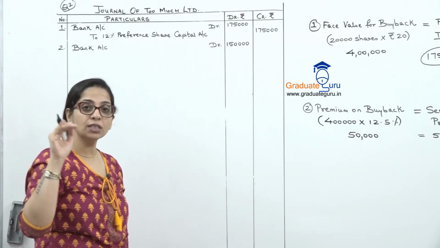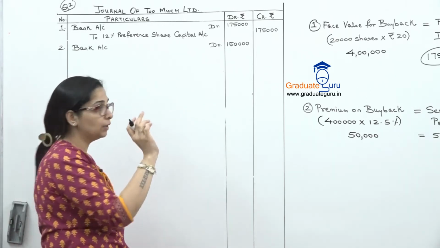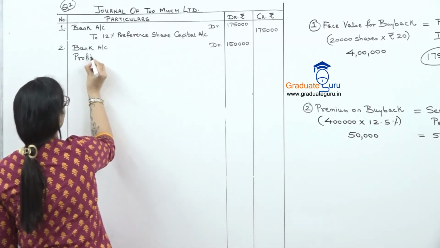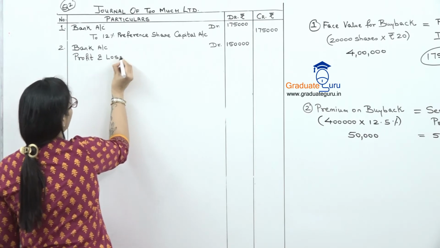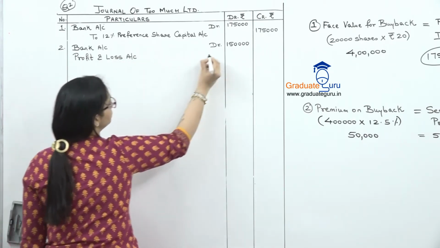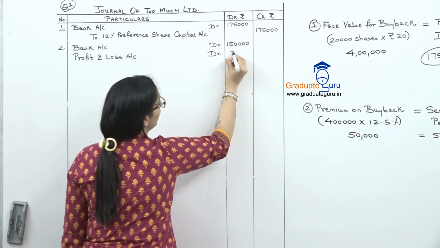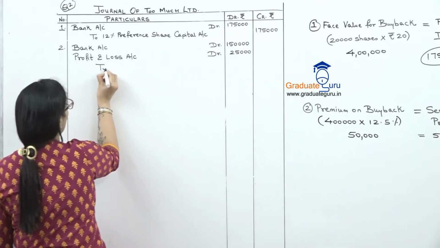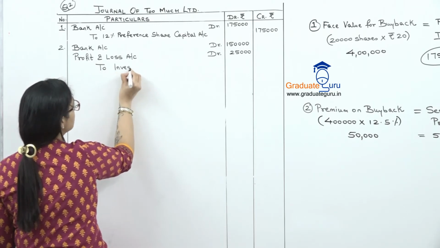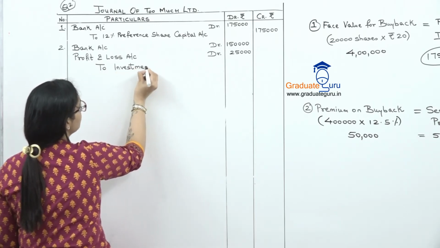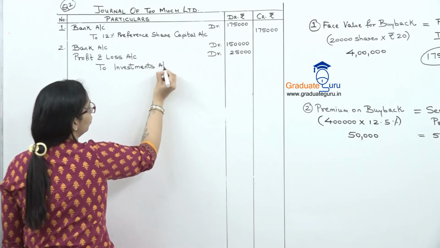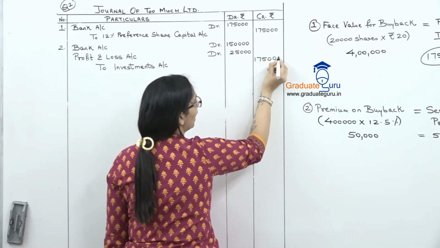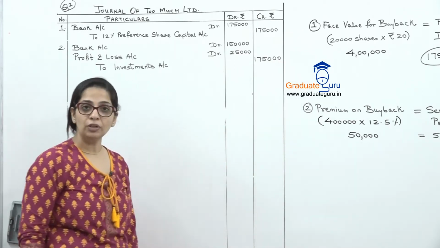We have made a loss. We are selling an investment of 1,75,000 for 150. So the loss will go to the profit and loss account. So profit and loss account debit with the 25,000. And what is going out? Investments. So I credit the investments with the total amount that was the book value, 1,75,000.